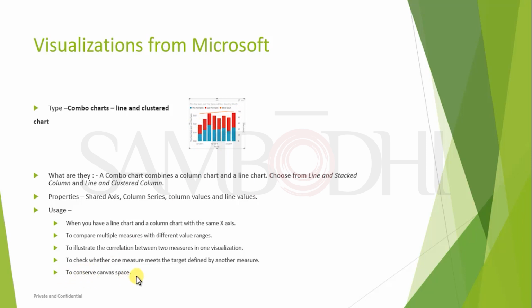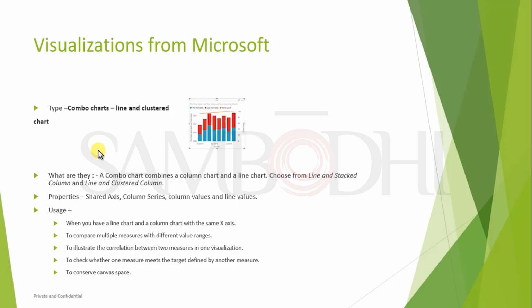And it conserves canvas space. Since we are on a very limited screen space and are forced to display more information in a very appealing fashion, this is a chart which can help you cover two dimensions in a very small space.